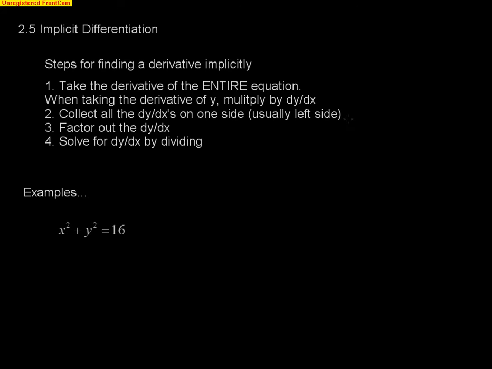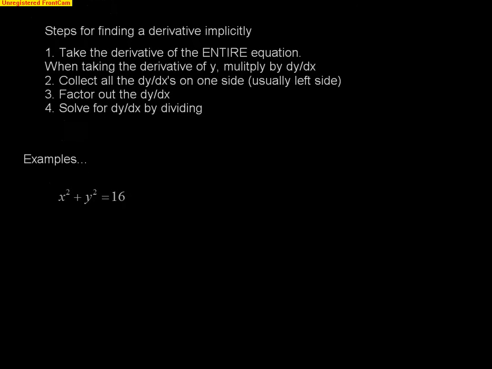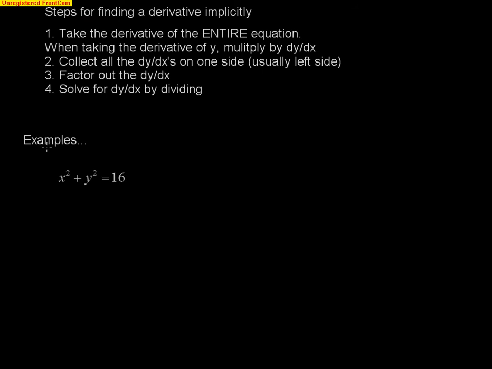Let's take a look at the first example where we're going to be taking the derivative of a circle. If you remember from pre-calc, we've got x squared plus y squared equals 16. That's a circle at the center with a radius of 4. If we go ahead and start off here, the derivative of x squared is 2x, and then the derivative of y squared is 2y.